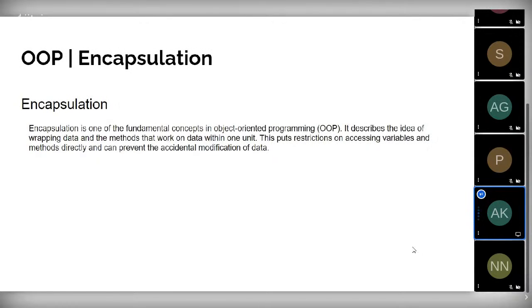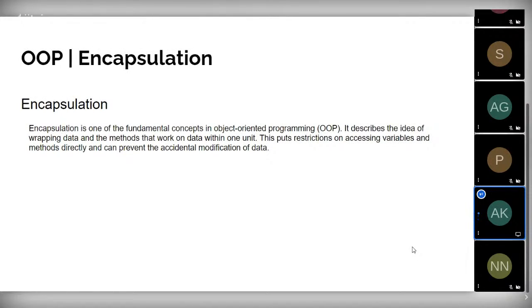Encapsulation is one of the fundamental concepts in object-oriented programming. It describes the idea of wrapping data and the methods that work on data within one unit. This puts restrictions on accessing variables and methods directly and can prevent the accidental modification of data.